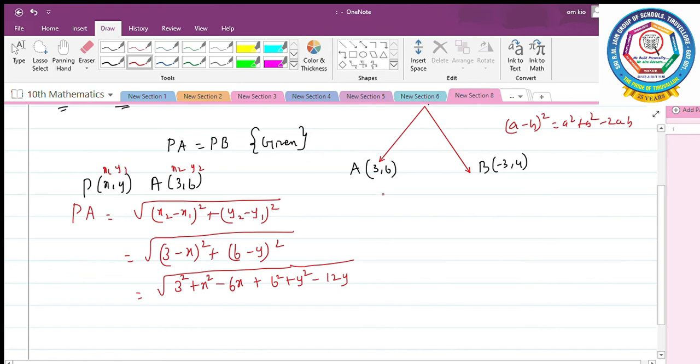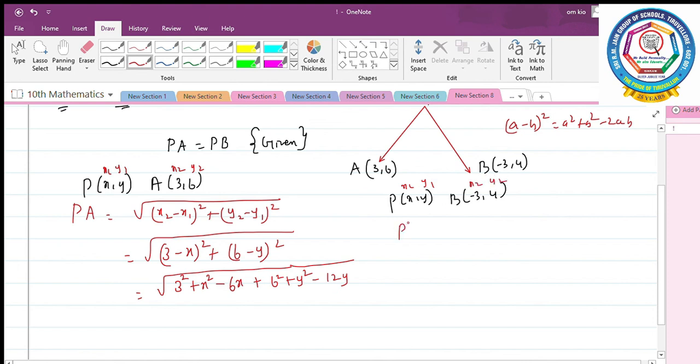PB. So you have to find out the distance between PB. So P of x comma y, then B of minus 3 comma 4. So here also I am going to take this as x1 y1 and this as x2 y2.